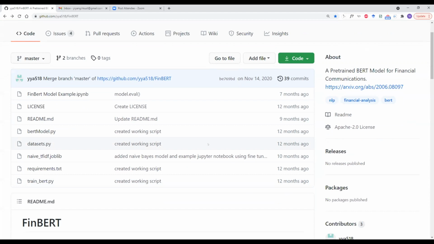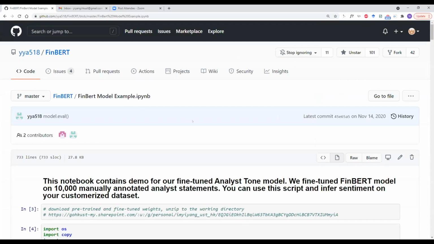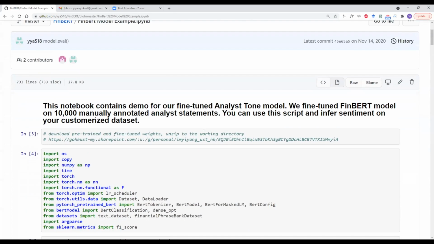If you remember, we fine-tuned FinBERT on the 10,000 analyst tone dataset. So you can feel free to use that if you have sentiment classification tasks on your desk. We also provide a Jupyter notebook where you can very easily enter your financial sentences, and the notebook will output the sentiments of the sentences.